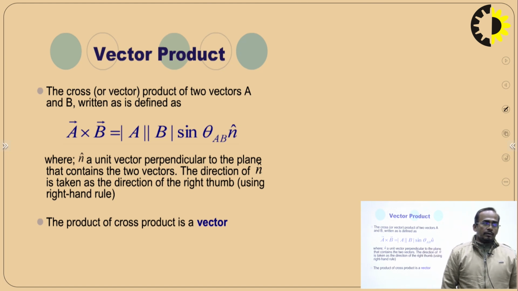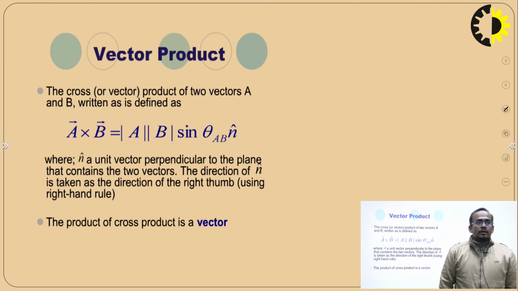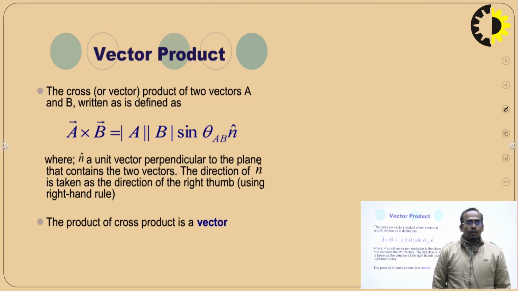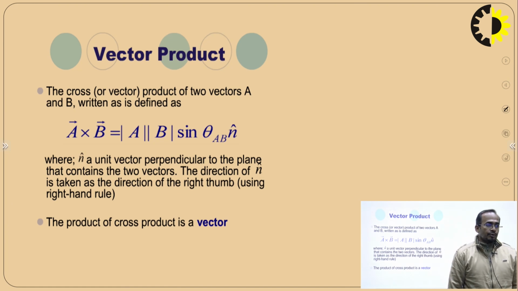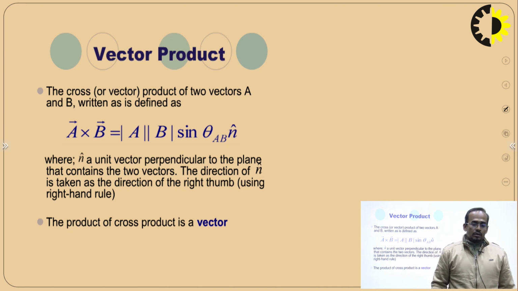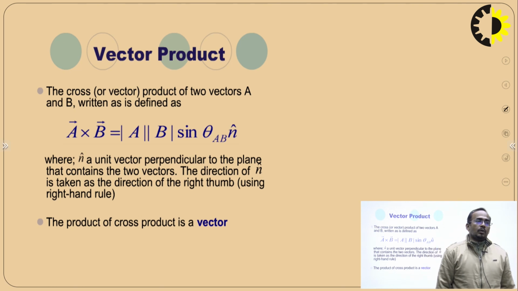Similarly, the vector product or cross product of two vectors A and B can be written as A cross B is equal to mod of A mod of B sin theta AB n cap, where theta AB represents the angle between vector A and vector B. The cross product is always a vector quantity, whereas the scalar product or dot product of two vectors is always a scalar quantity.